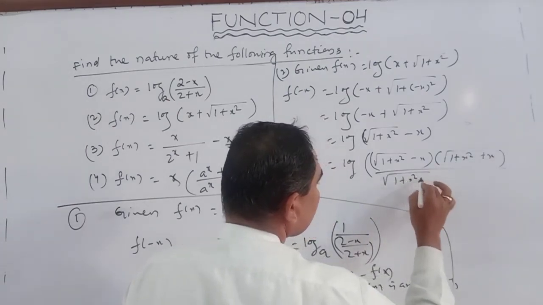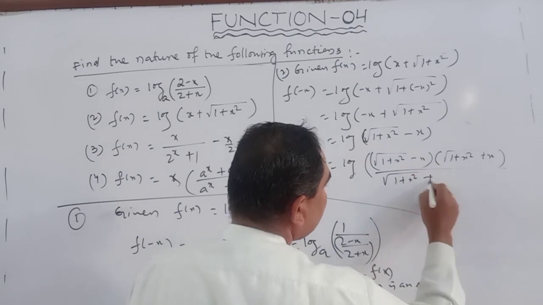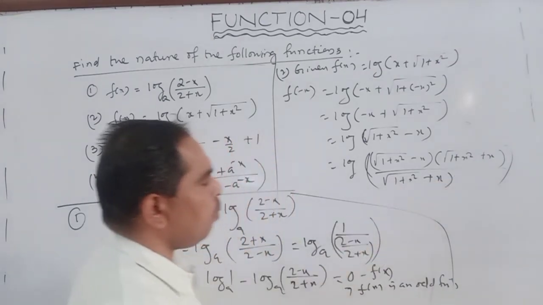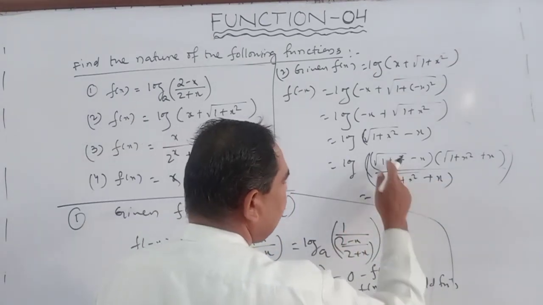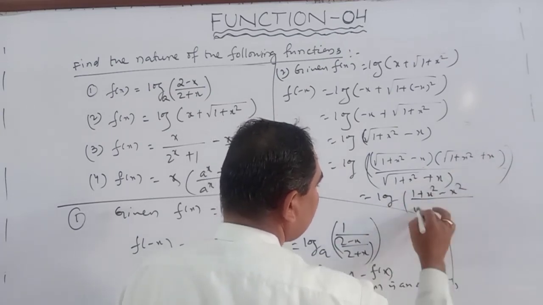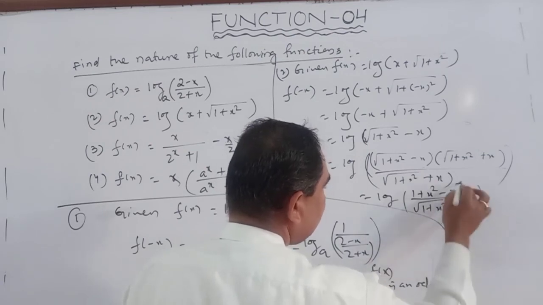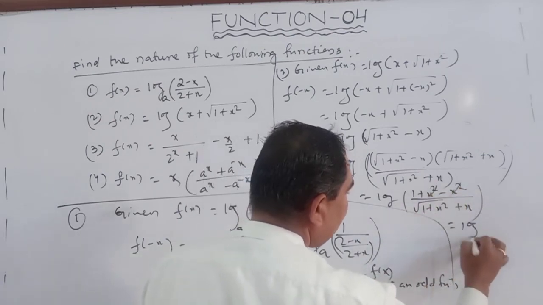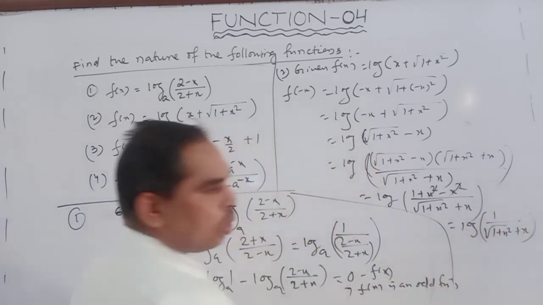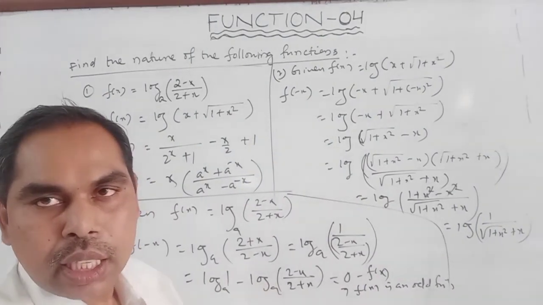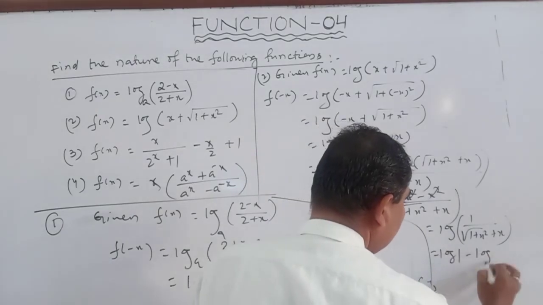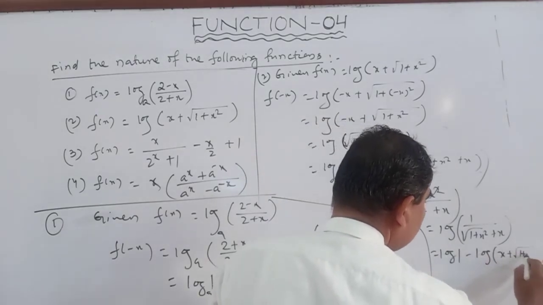1 plus x square plus x. Rationalize कर दिया, rationalize प्लस रे मल्टीप्लाई करा डिवाइड करा तो a minus b into a plus b is a square minus b square. So 1 plus x square minus x square by root 1 plus x square plus x, x square cancel, this is log of 1 by root 1 plus x square plus x. So log m by n is log m minus log n, this is log of 1 minus log of x plus root 1 plus x square.